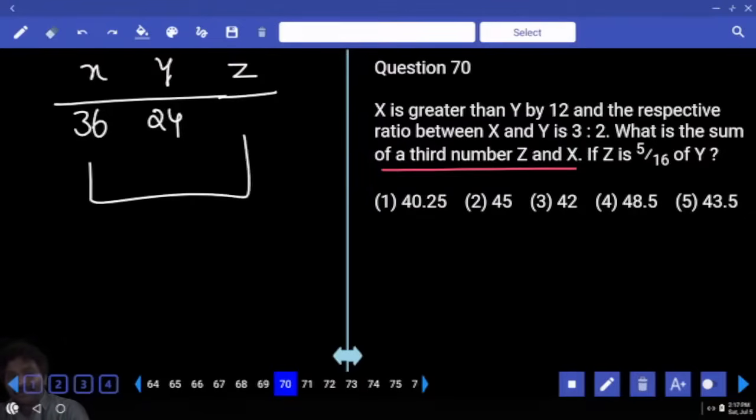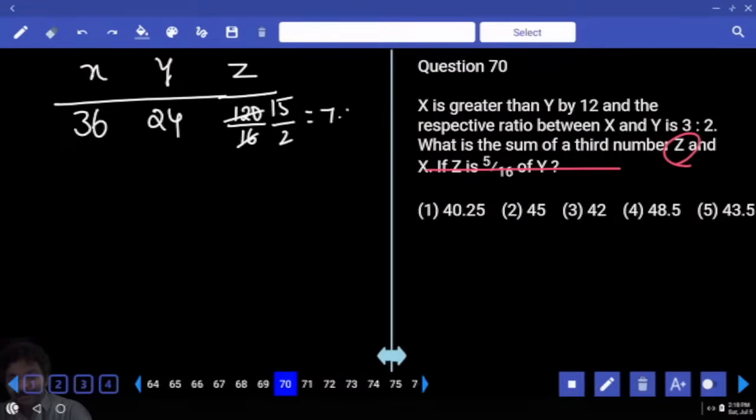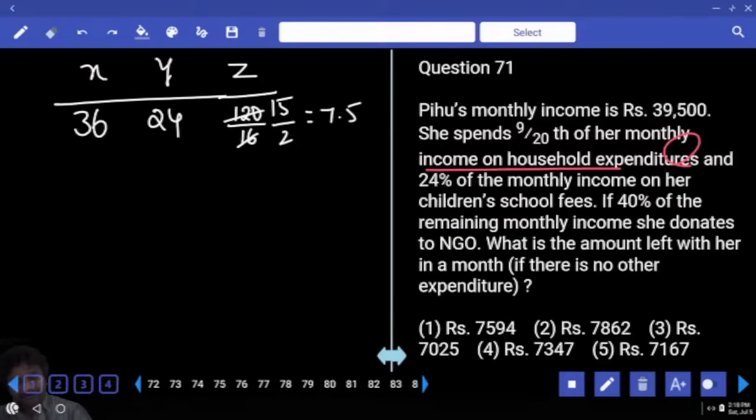Finally, we have to calculate the sum of x and z, where z is equal to 5 by 16 times y. You already know y value, which is 24. 24 times 5 is 120, divided by 16. 8 2 times 15 by 2, 7.5 plus 36, 43.5.